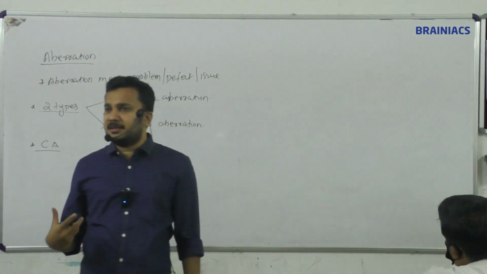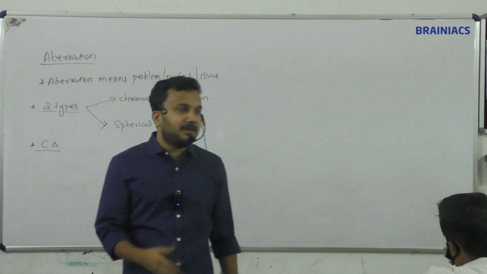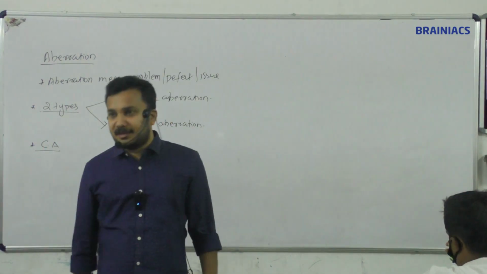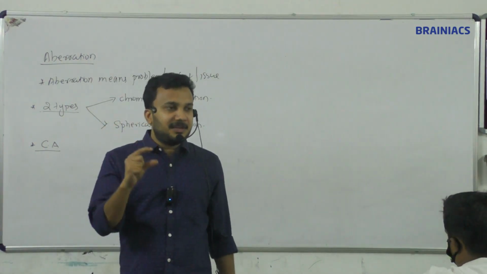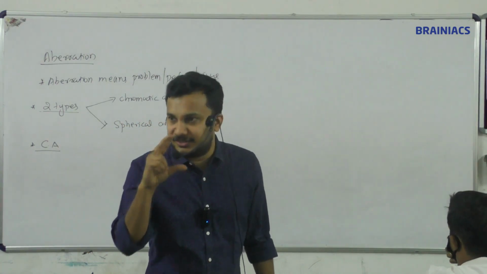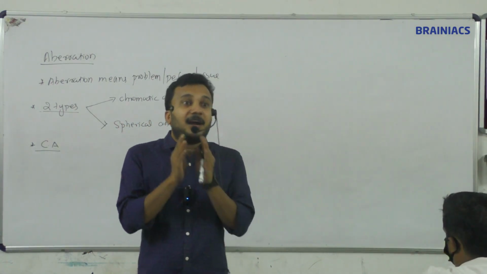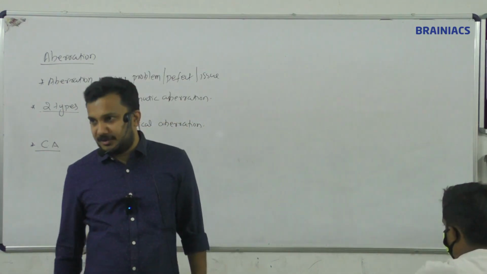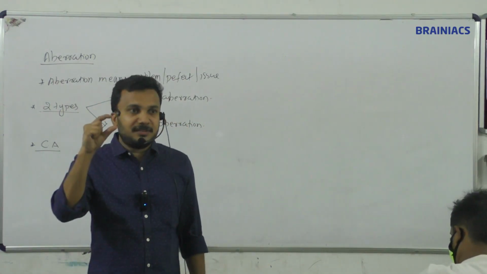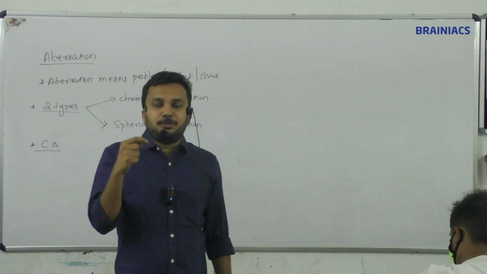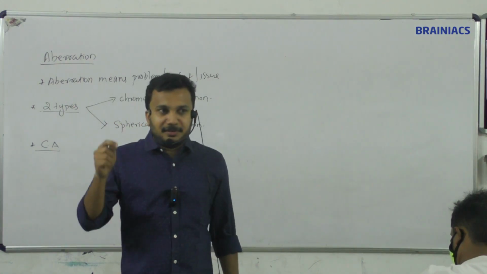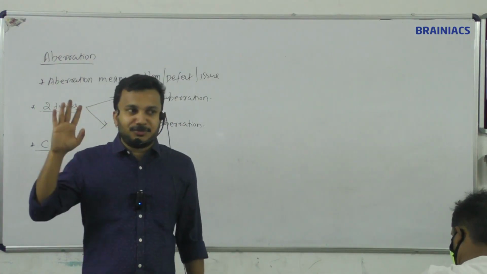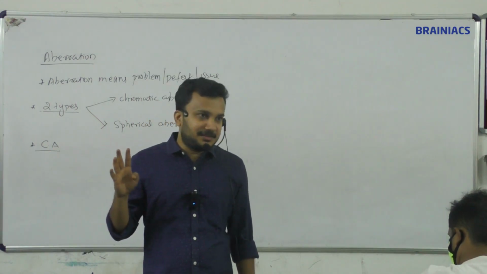And how can we remove chromatic aberration? That is in the making of the lens. It is a manufacturing defect, and the material used in the lens is important. Normally when we go to different shops, there is a 10 rupee glass and a 4,000 rupee glass, sunglasses.